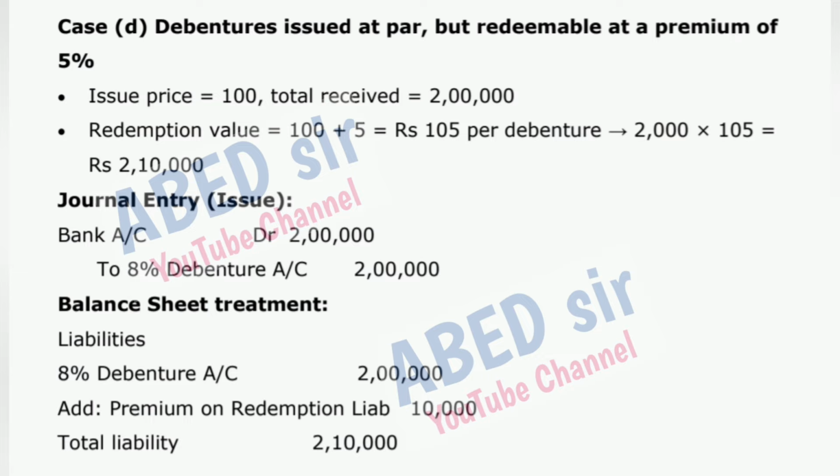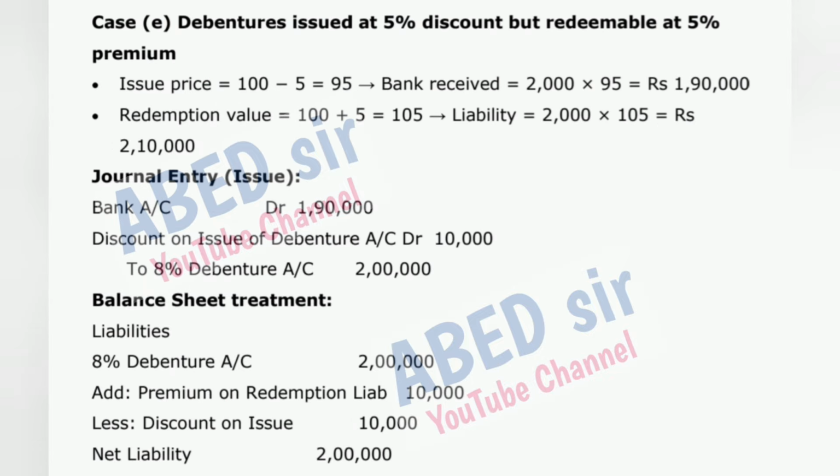Journal entry. Issue. Bank A/c Dr 2 lakhs. To 8% debenture A/c 2 lakhs. Balance sheet treatment. Liabilities. 8% debenture A/c 2 lakhs. Add premium on redemption liability 10,000. Total liability 2,10,000.